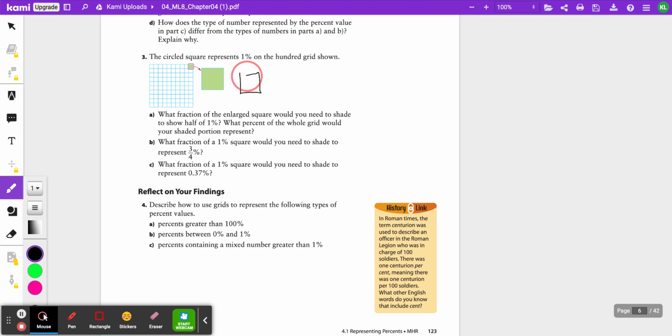So I'm going to draw in the square, or show a magnified square. It's 3/4, so 3 parts of 4, the whole. I'm going to draw 4 squares and shade in 3. That would be 3/4% in one of these squares.